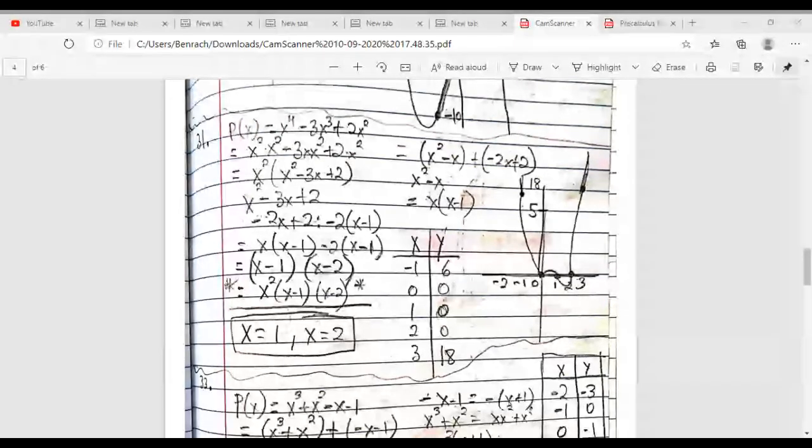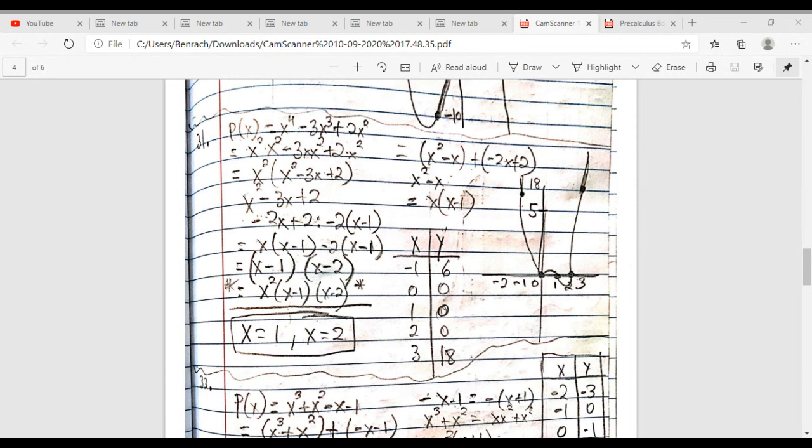Yes. Okay, so I did 31. Basically, dx equals x to the 4 minus 3x cubed plus 2x squared. I factored it out to get negative 2x plus 2 on one side, and then negative 2 and x minus 1.